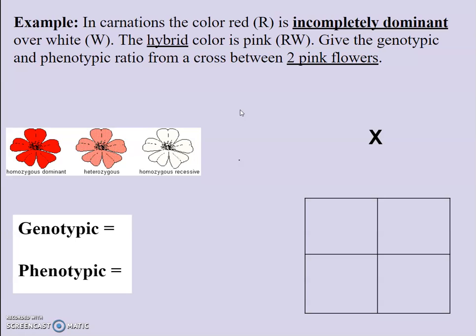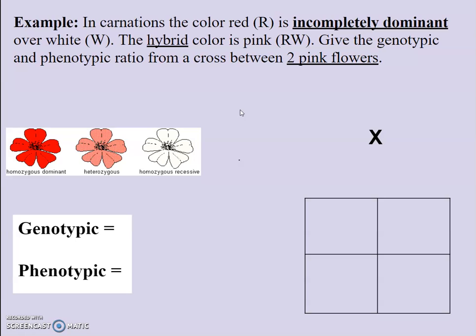We use 2 different letters, R and W: red is capital R, white is capital W, and pink is capital R, capital W. Then I'm asking you to give the genotypic and phenotypic ratio from a cross between 2 pink flowers.